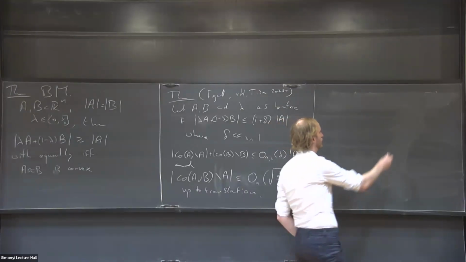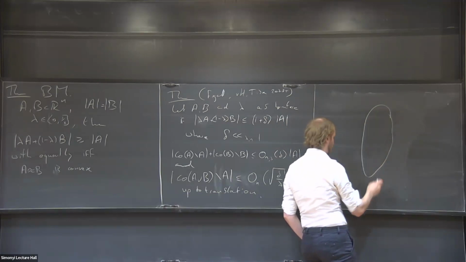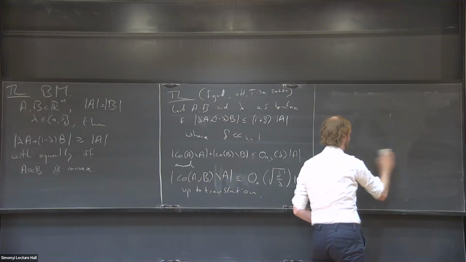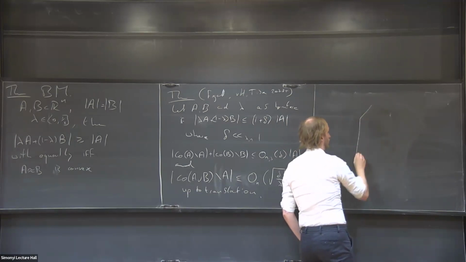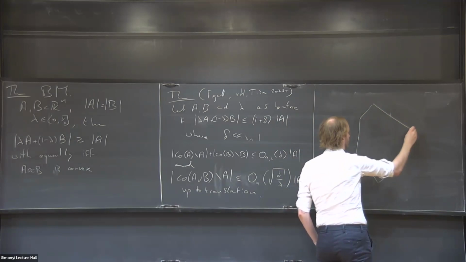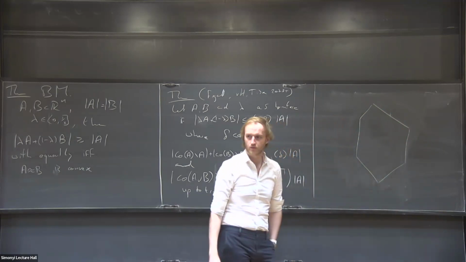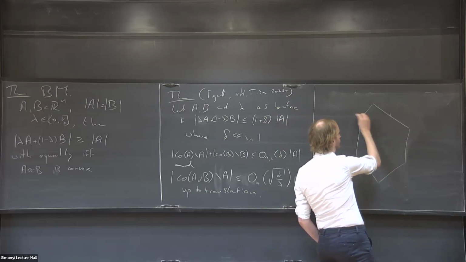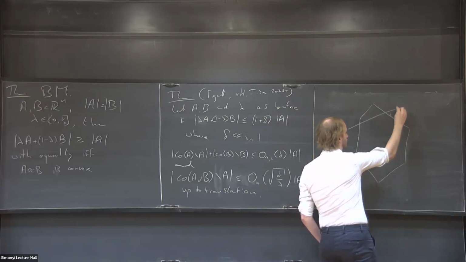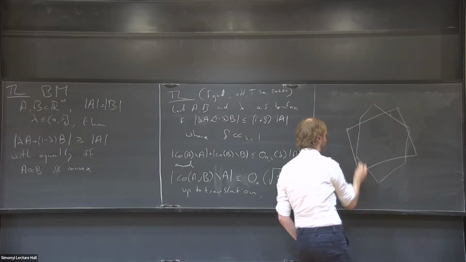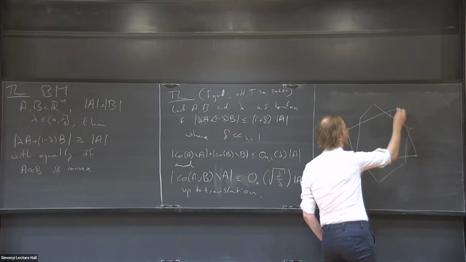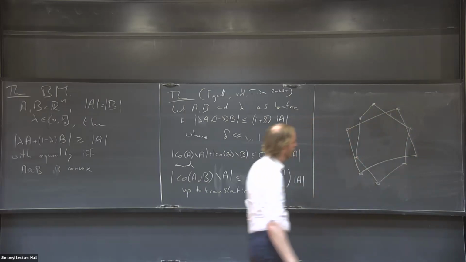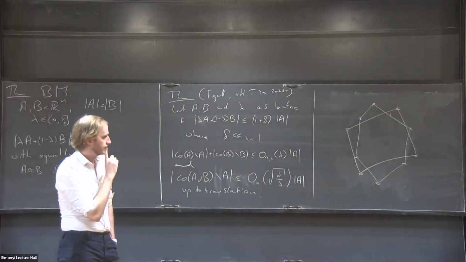So let's consider the following image. So I have these two convex sets. Maybe draw them a bit more suggestively as polytopes. So this is one of my polytopes. Let's assume they're polytopes. And my other polytope looks something like this. Now, what am I going to do?